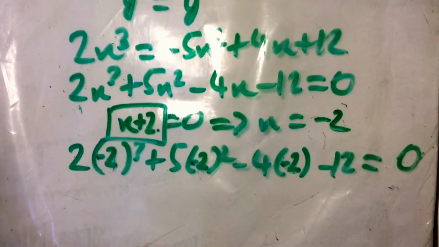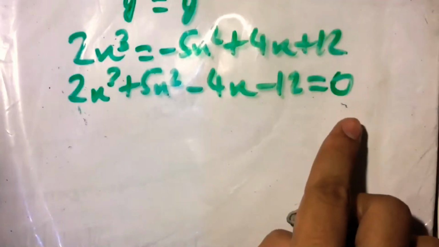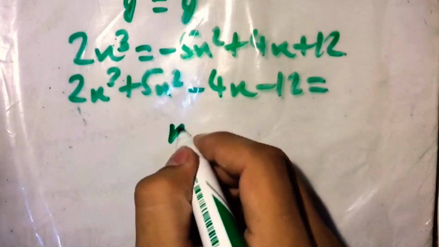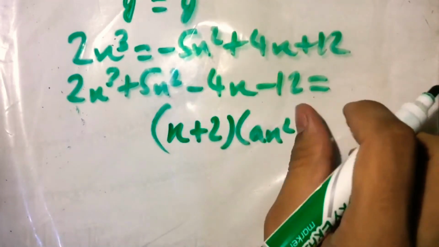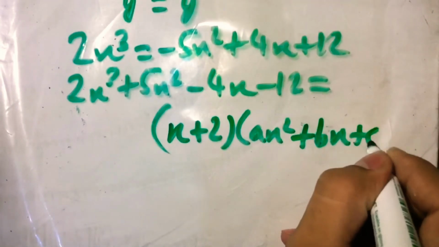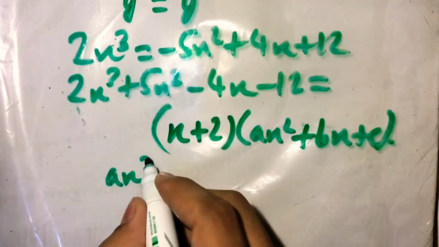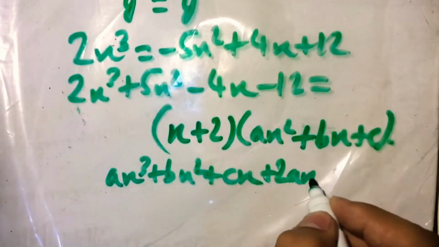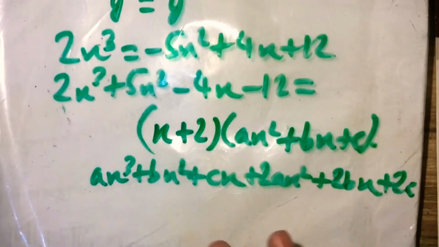Now what we'll do next is we'll equate this equation with x plus 2 into ax square plus bx plus c. So ax cube plus bx square plus cx plus 2ax square plus 2bx plus 2c.